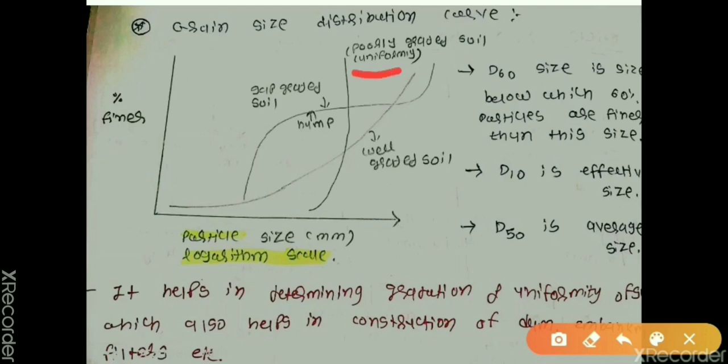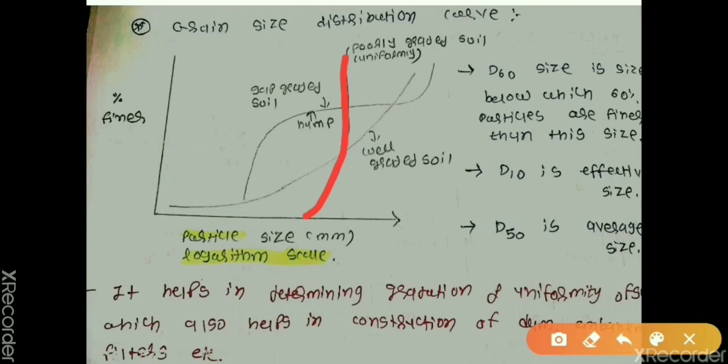Now let's explain the uniformly graded, also called poorly graded soil. Looking at the poorly graded soil curve, it is a flat curve. What it shows is almost one particle size.